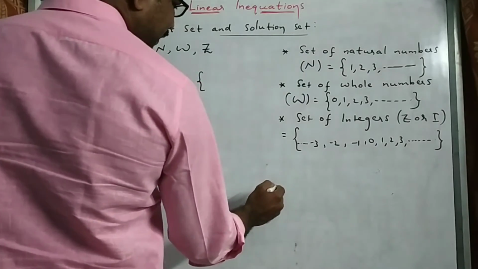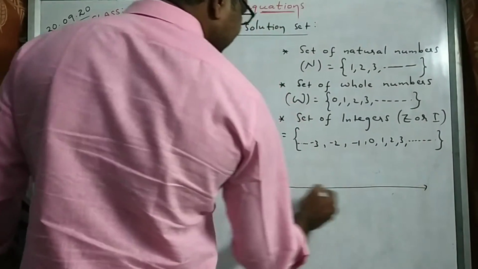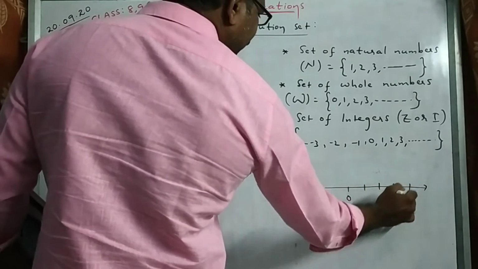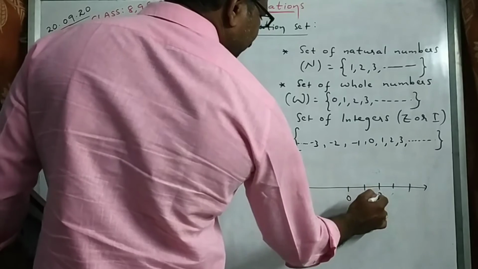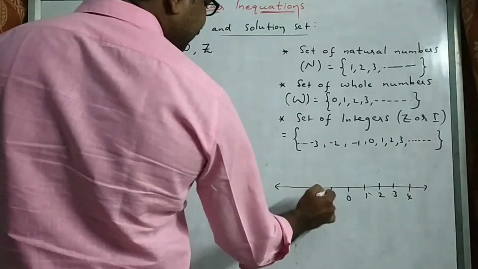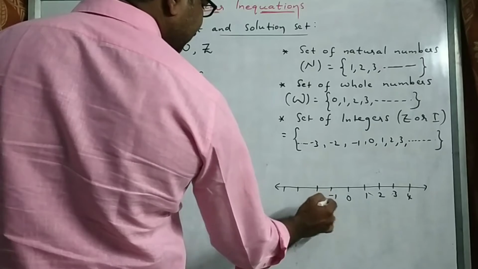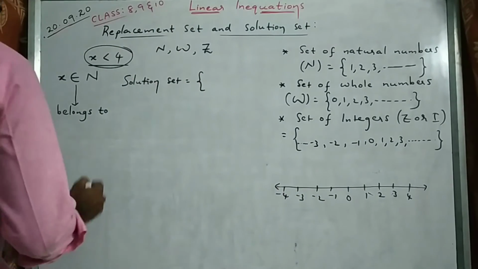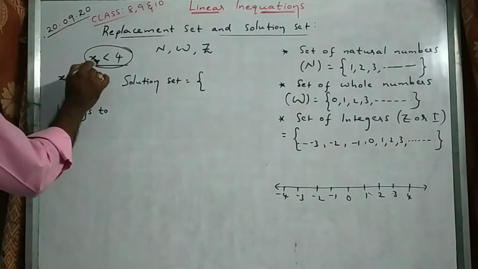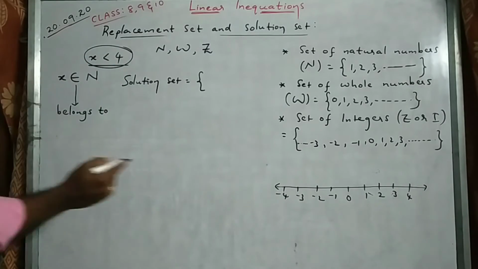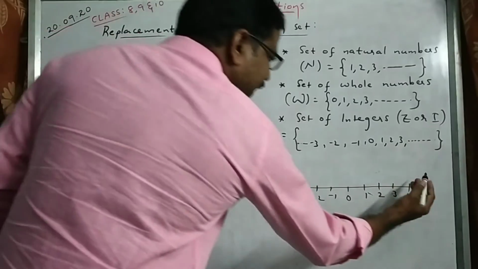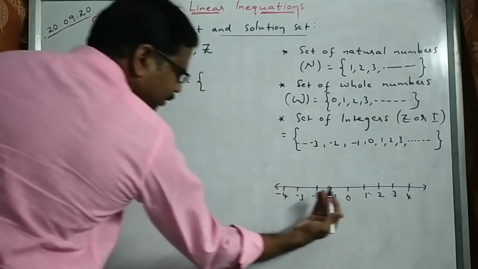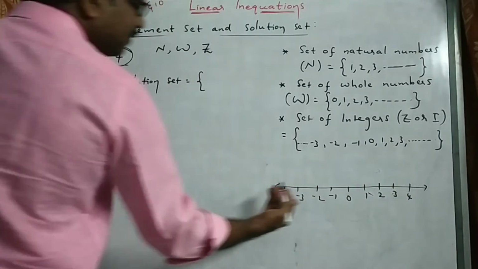See, if you take a number line like this, here you have 0, 1, 2, 3, 4, positive integers on the right side, negative integers on the left side, -1, -2, -3, -4. So x less than 4 means below 4, 3 onwards to the left side. Below 4 means all these numbers will come.